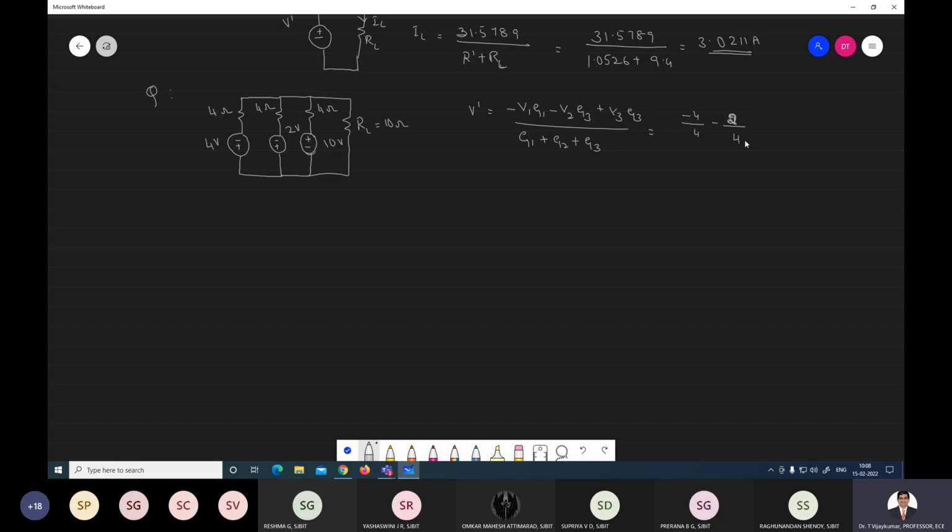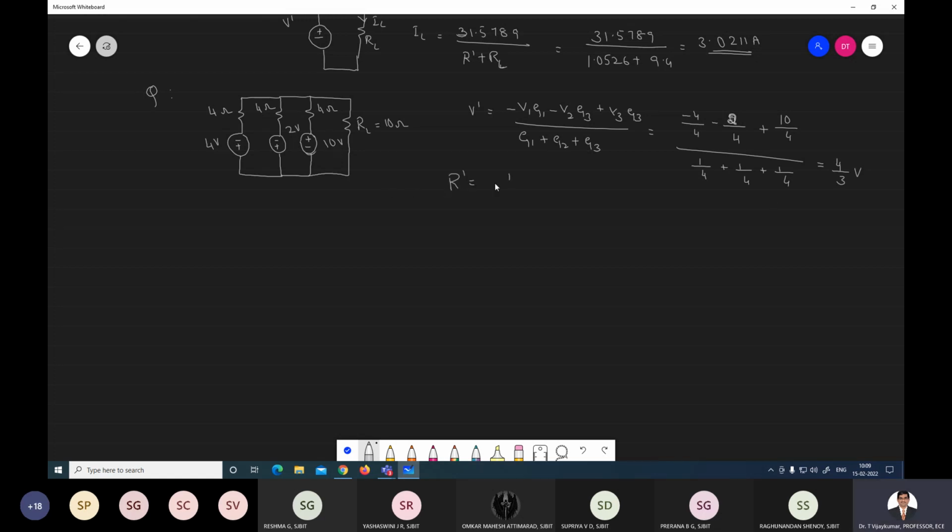2 by 4 plus 10 by 4, divided by G1, G2, G3, which is again 1 by 4 plus 1 by 4 plus 1 by 4. This is nothing but 4 by 3 volt.